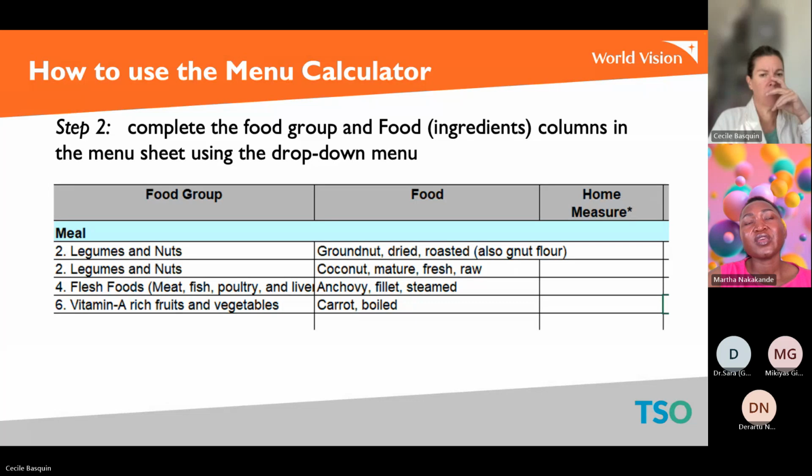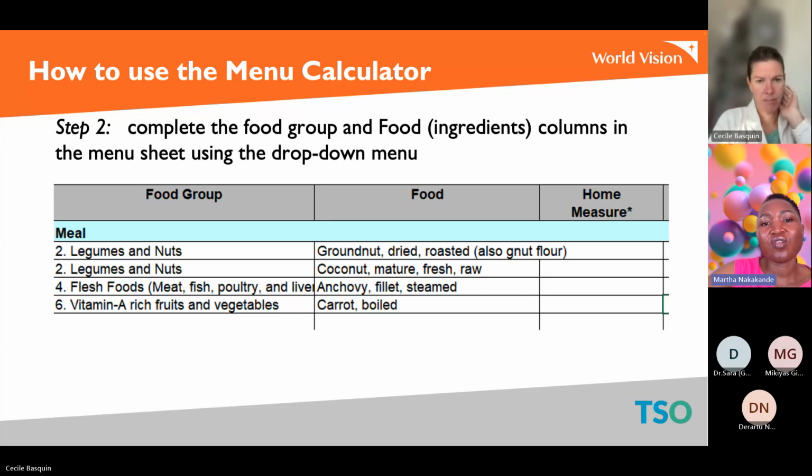But in the processing, do they remove the outer skin of the maize seed? Like the maize seed has that yellow thing inside. Do they remove that or leave it there? Oh, they leave it there. They don't remove it. So in your case, it would be maize, which is white, whole, and dried and raw. So you'd click on that.